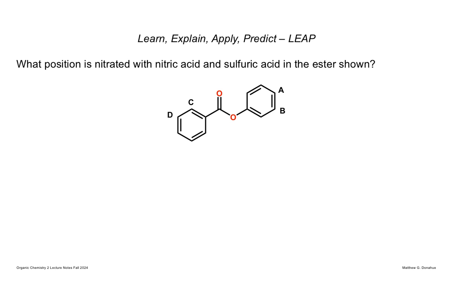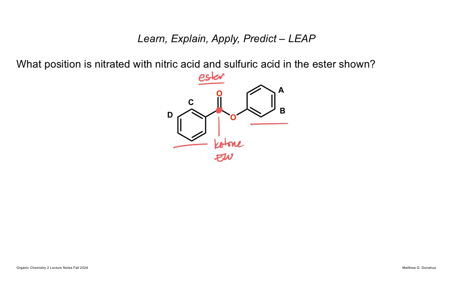So what about now analyzing this molecule, which is overall an ester. It has the two sides, a left and a right side, benzene rings. We identify the benzylic atoms. We have a ketone.